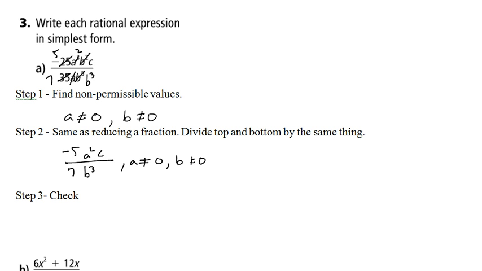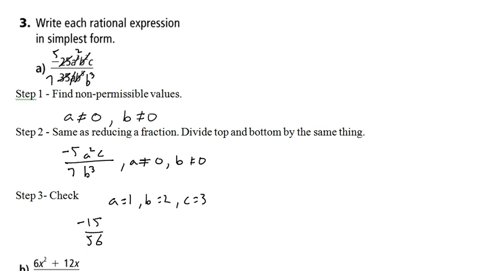Okay, good way to check these is just choose values for a, b, and c. Plug them into the original, make sure that the new one also has the same values. So for example, if I put in a equals 1, b equals 2, and c equals 3, if I put that into my reduced form, I'm going to end up with negative 15 over 56.